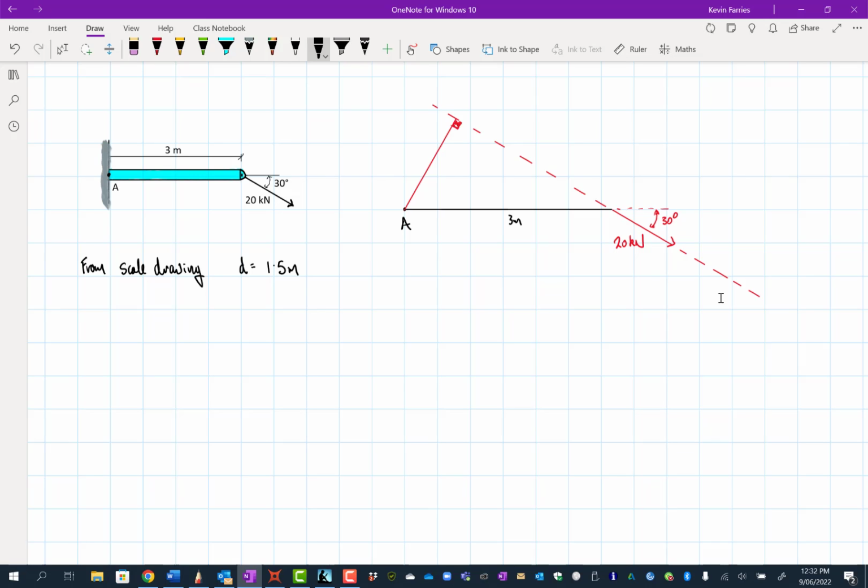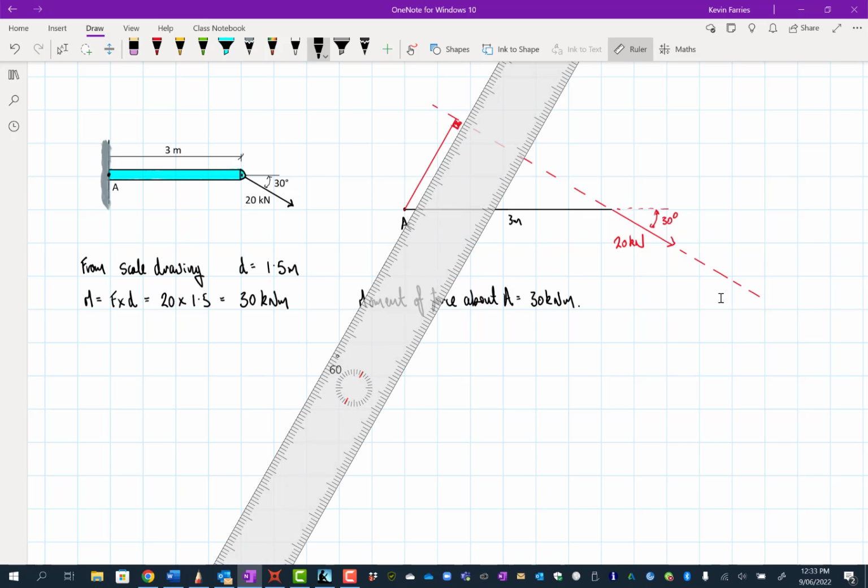And I think because it's 30 degrees that makes sense. So therefore moment is equal to force times lever arm, which is 20 kilonewtons times 1.5 meters, which equals 30 kilonewton meters. So the moment of force about A is equal to 30 kilonewton meters.